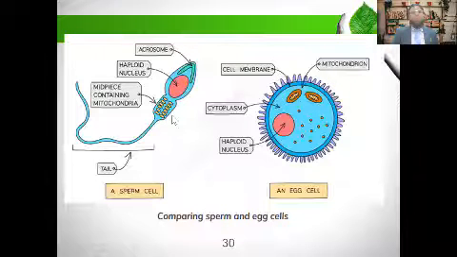In a sperm cell, you can also see a long whip-like structure called a flagellum, which is responsible for the movement of the sperm cells. So the sperm is motile, and the egg cell is sessile, or not motile, basically.